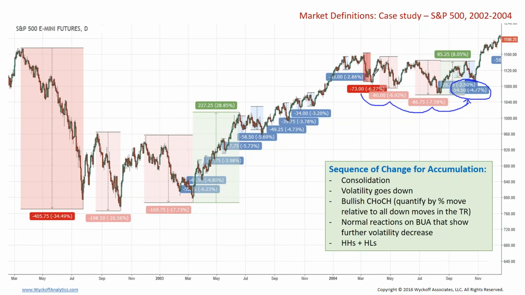What's happening with the rallies? Smaller rally, bigger rally, larger rally. So going into this area right here, volatility to the upside increases and volatility to the downside decreases. Therefore that area right here is our confirmation of a potential reaccumulation.